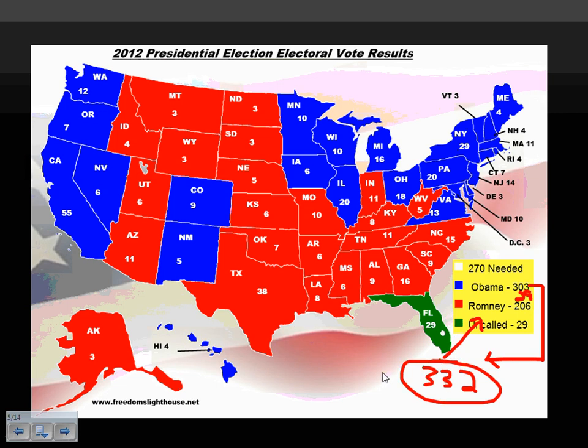It's by no means a mandate, but a fairly comfortable victory at the end of the day.